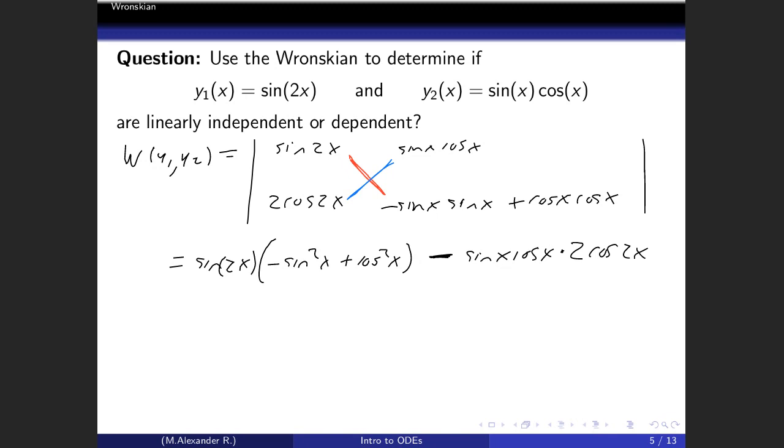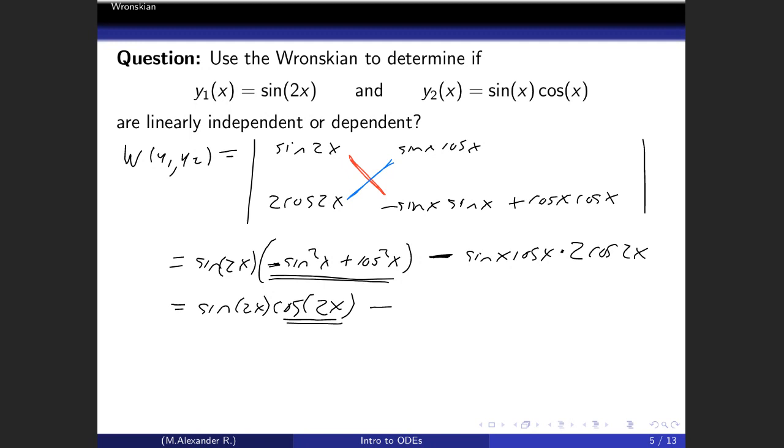All right, now here comes a little bit of trig. We still have to do a little bit of trig identity. The negative sine square plus cosine square is equal to cosine 2x.